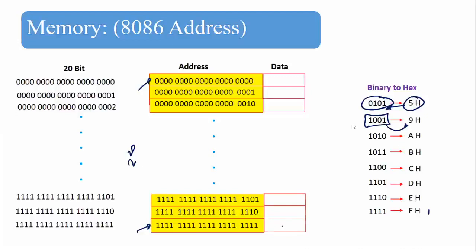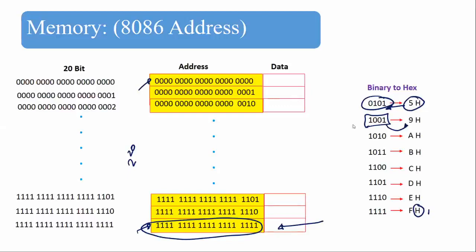So what will be the address in hex in this position? I want to express this binary number. FH. So what does that H mean?